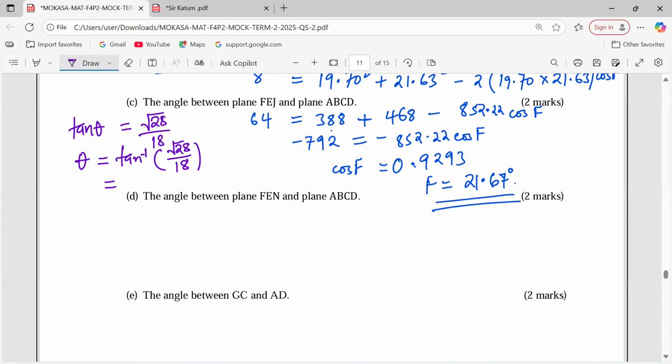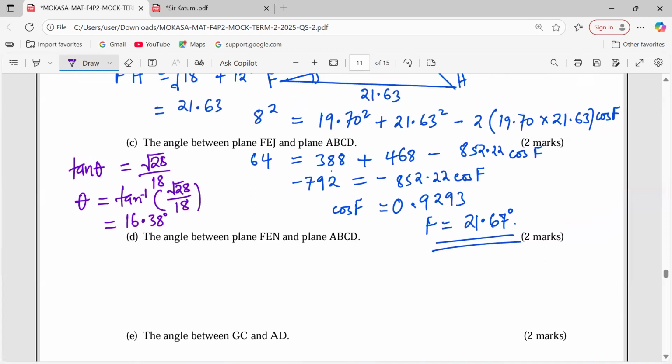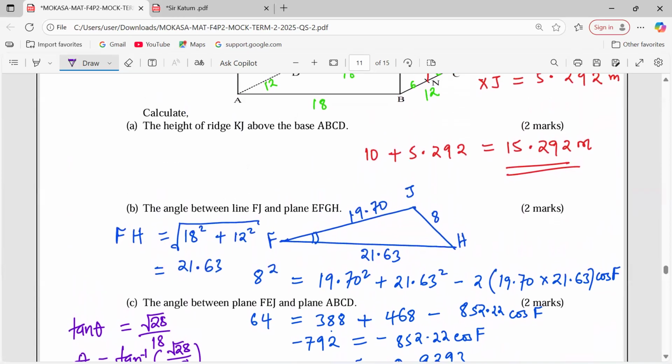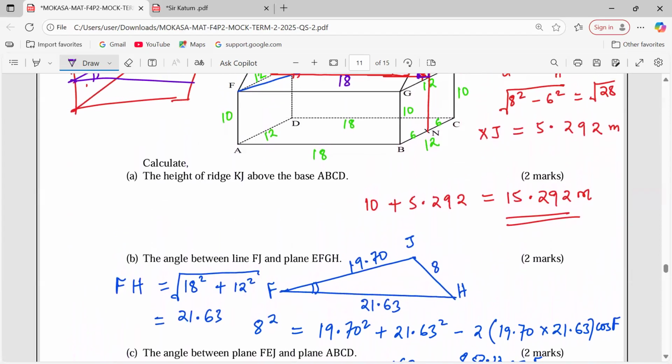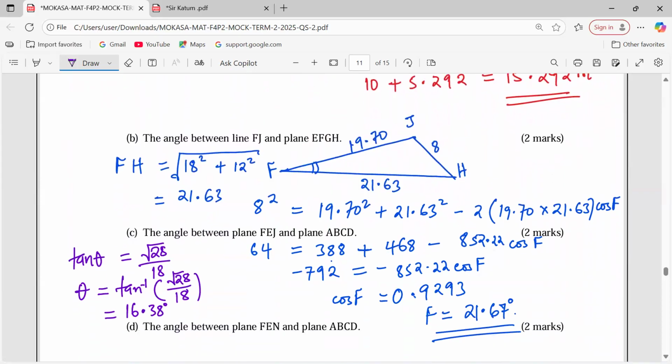Root 28 divided by 18, then shift tan, this gives 16.38 degrees to 2 dp. That is what you need to understand. That is the angle that was desired.